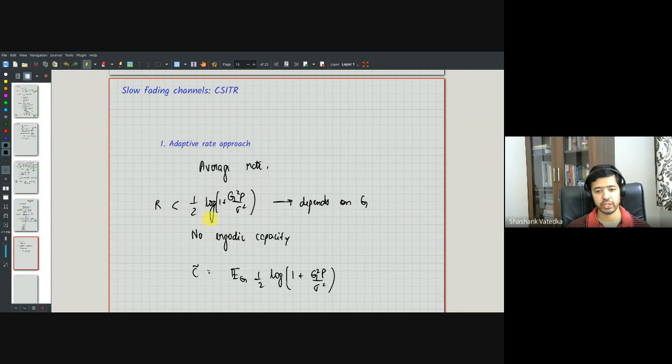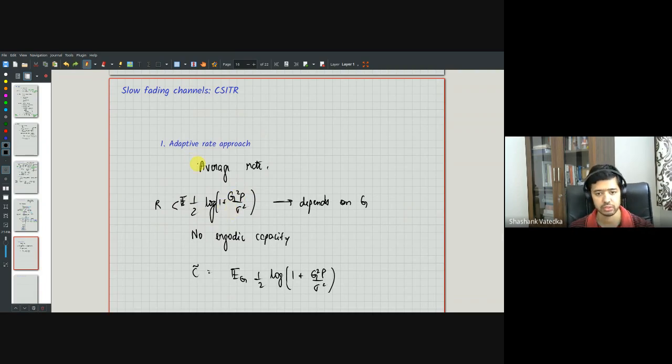Since this is a slow fading channel, it is not an ergodic capacity because this is only an average rate. So on average, you'll be able to pump in this much information per channel use. But sorry, there's an expectation over here. This really depends on what the exact channel coefficient is, right?